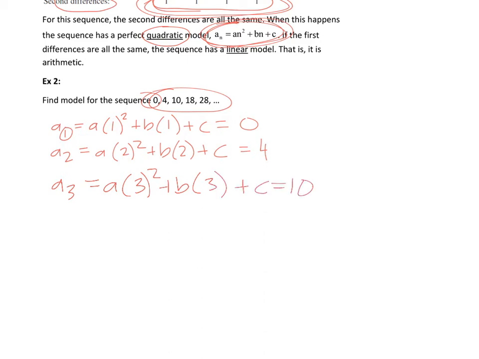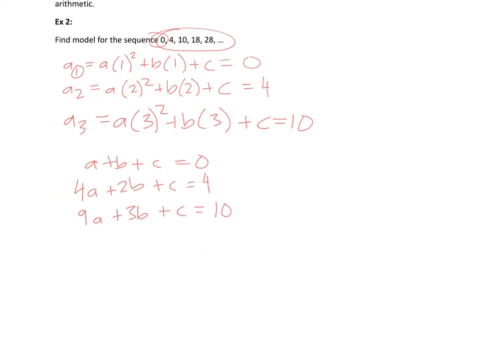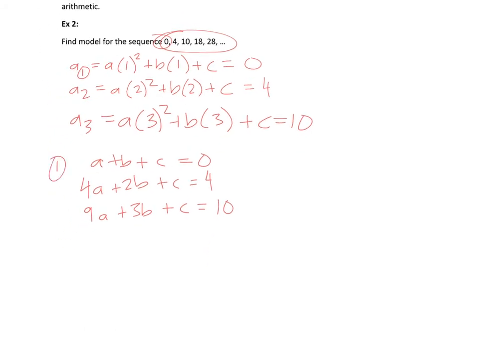All right, simplifying all of these equations, I get a plus b plus c is equal to 0, 4a plus 2b plus c is equal to 4, and then 9a plus 3b plus c is equal to 10. Okay, so I'm going to call these equations 1, 2, and 3.